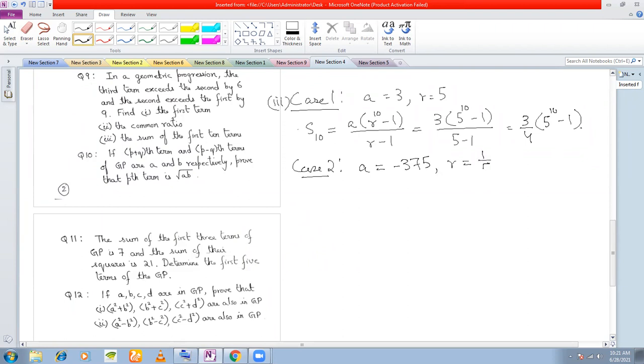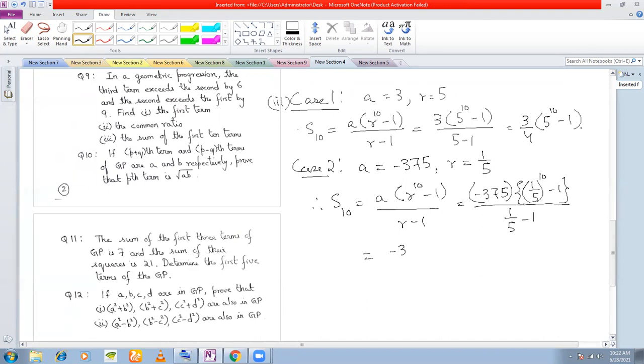r is 1/5. Therefore, S10 will be equal to the same: a into (r to the power of 10 minus 1) by (r minus 1). a here is minus 375 into ((1/5) to the power of 10 minus 1) divided by (1/5 minus 1).